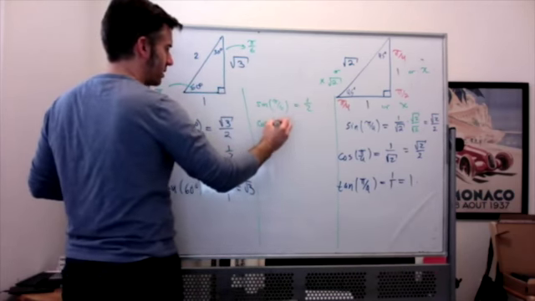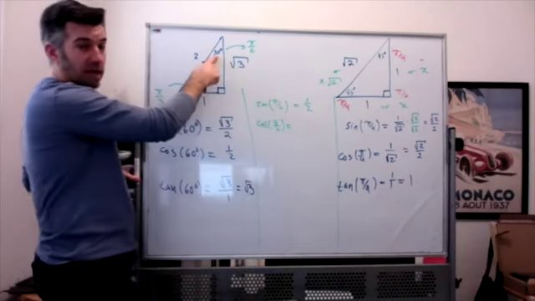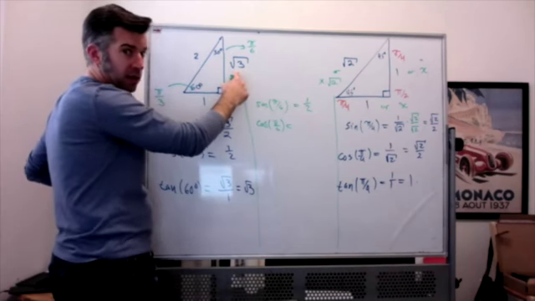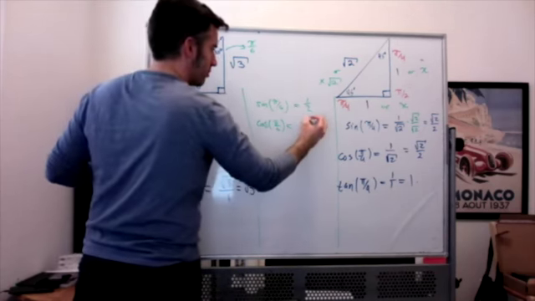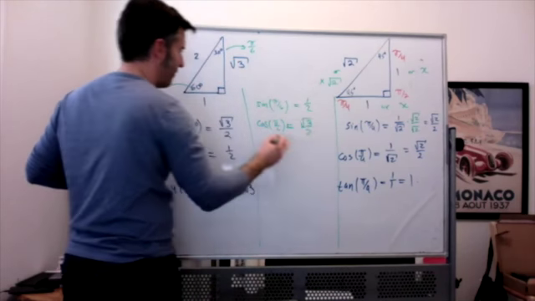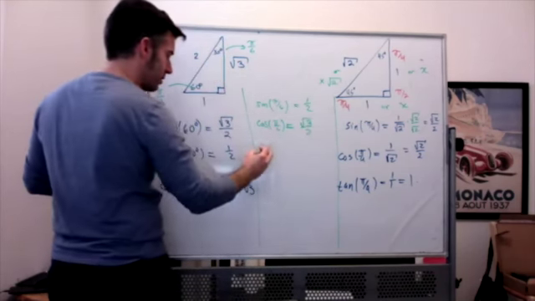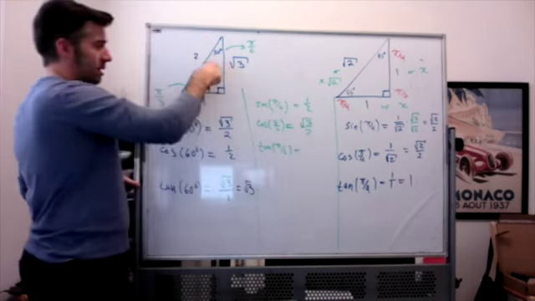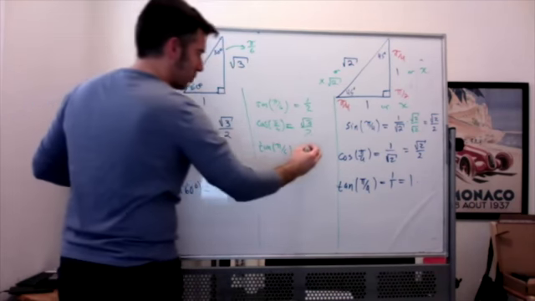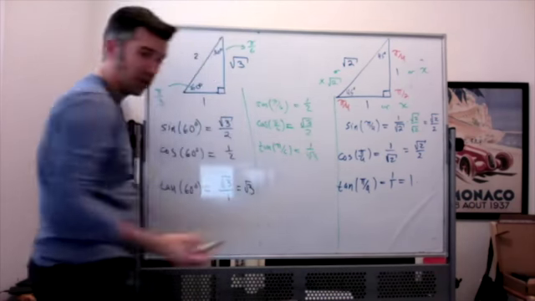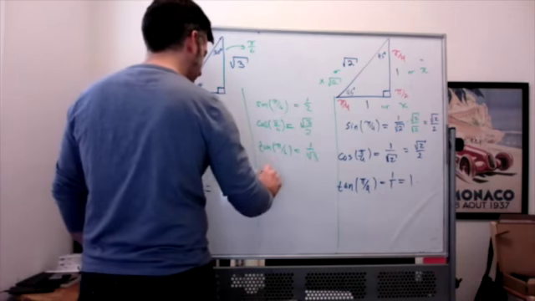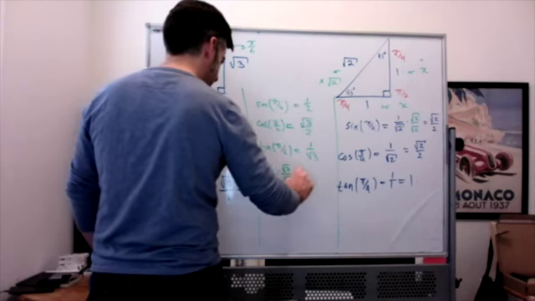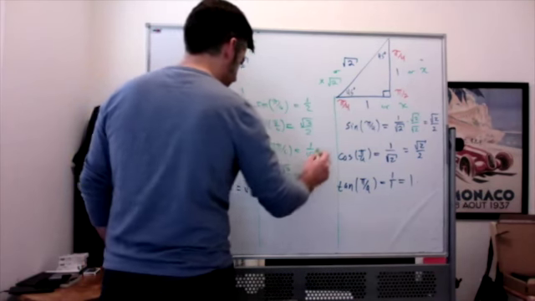Cosine of pi over 6: for this angle, 30 degrees is equal to pi over 6 radians, the adjacent is the square root of 3, and the hypotenuse is still 2. And finally, tangent of pi over 6 is the opposite over the adjacent, which is 1 over the square root of 3. We are going to rationalize that. We're going to write it as 1 over the square root of 3 times the square root of 3 over the square root of 3, which is just the square root of 3 over 3.